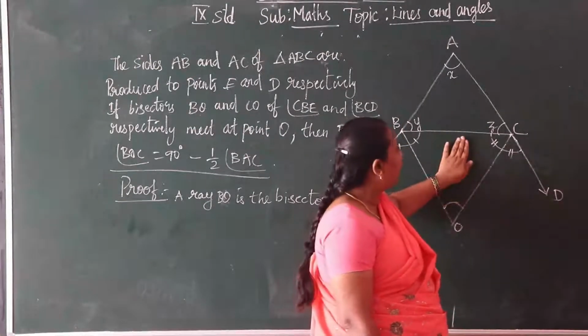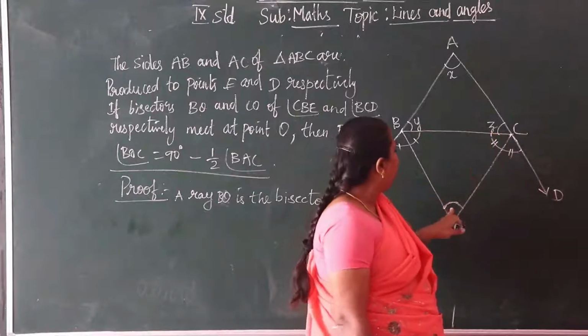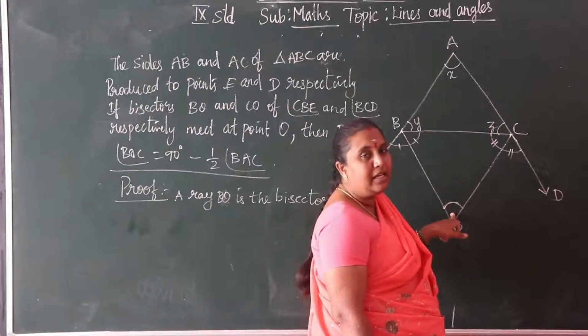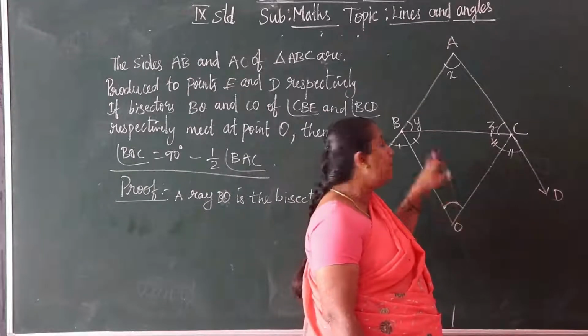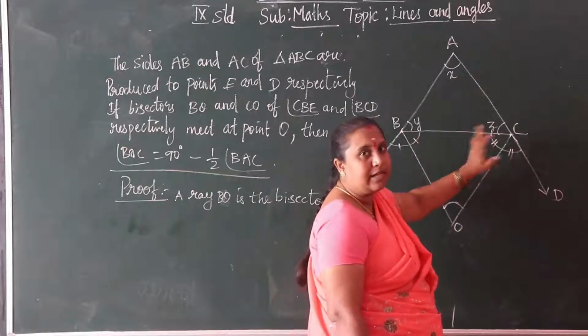From this triangle, we can find angle BOC by the angle sum property. By the angle sum property, we need to find these two angles. Is it right, children?